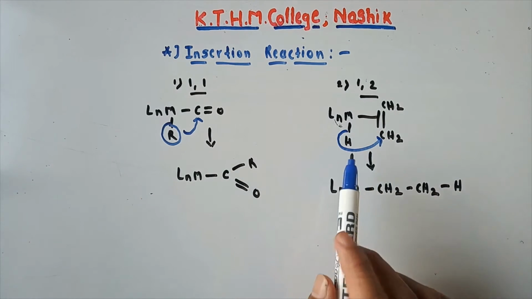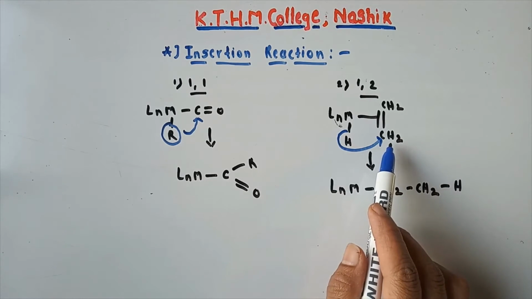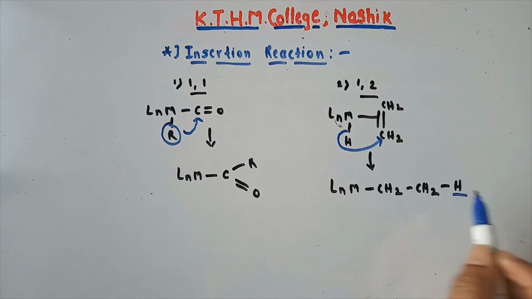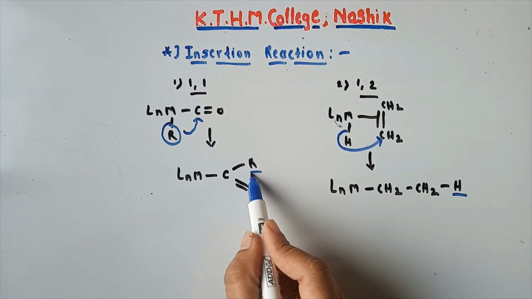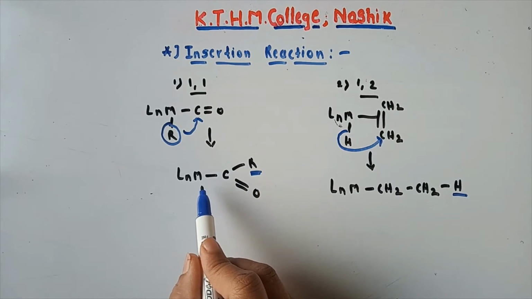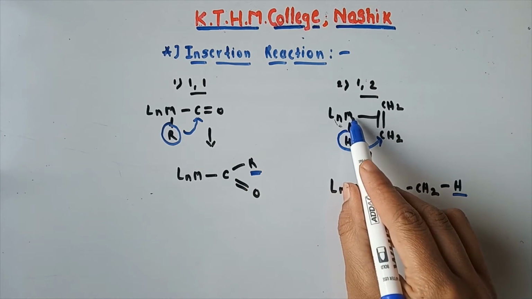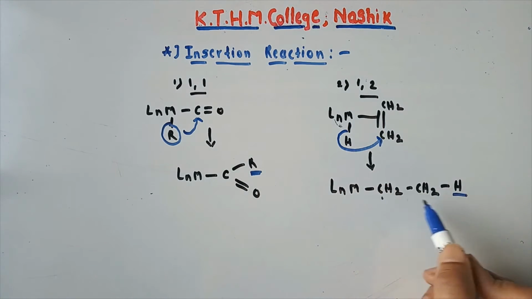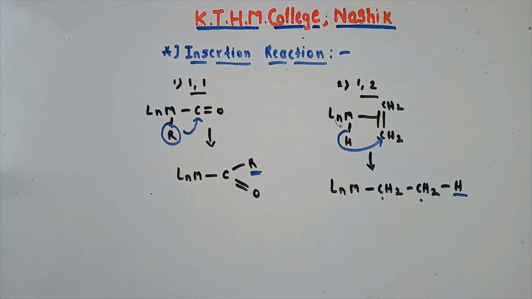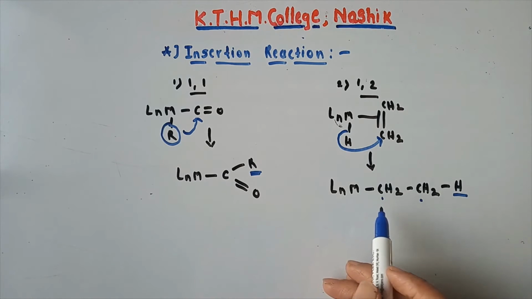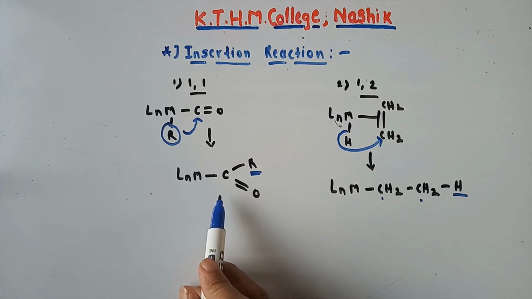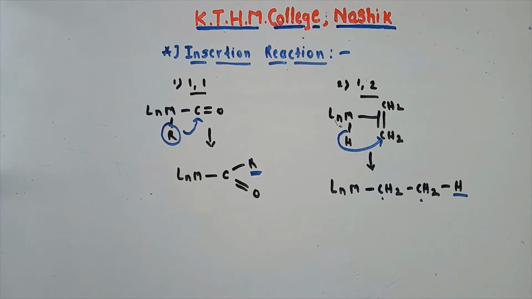Here is the 1,2 insertion. This hydrogen is inserted here, while the other one is the 1,1 insertion. This is the metal center. Near the metal center there is one position, so 1,1 insertion. Here is the metal center, so 1 and 2, the 1,2 insertion. So this is about the classification of insertion reaction. There are two main types: first is 1,1 insertion and second is 1,2 insertion.